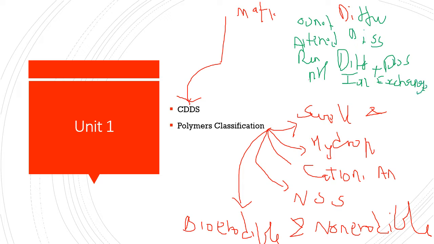And the system in which you can incorporate the drug can be matrix or reservoir. In reservoir, again you have two types, macro reservoir and micro reservoir.